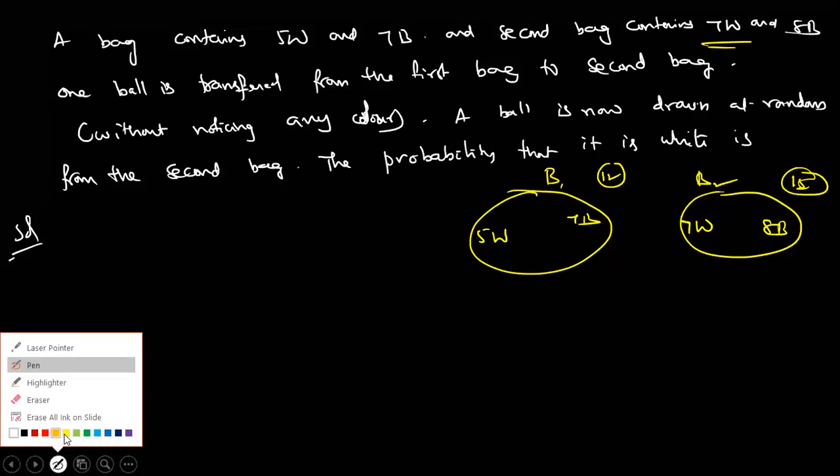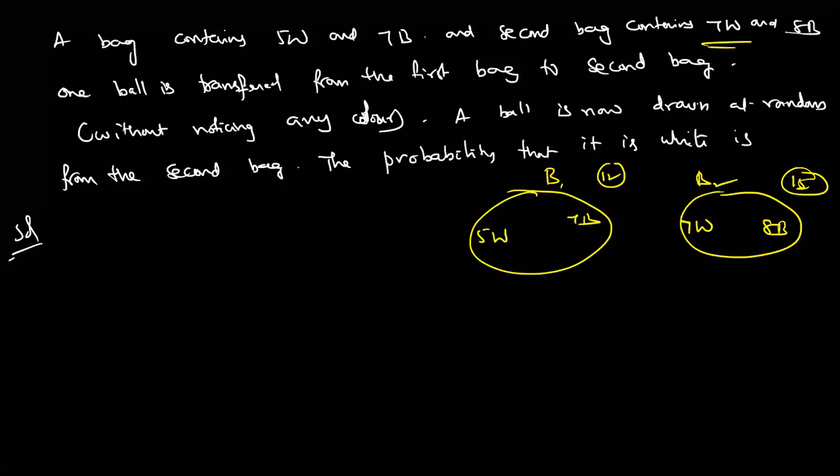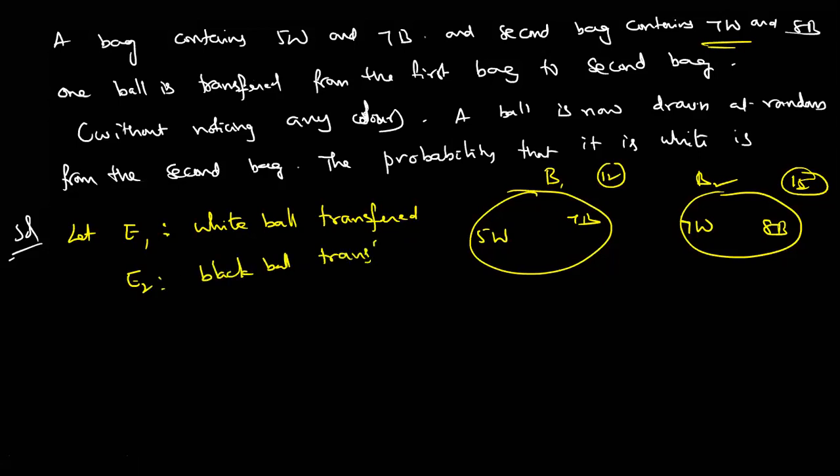Ready? See the condition. So in this type of models, first of all, you should take: let E1 be, suppose, for example, a white ball. White ball is drawn, white ball transferred directly. E2 is what here? Black ball. This was a transfer from one bag to another bag. That's the meaning. What about E?